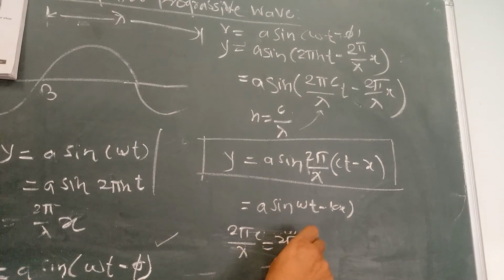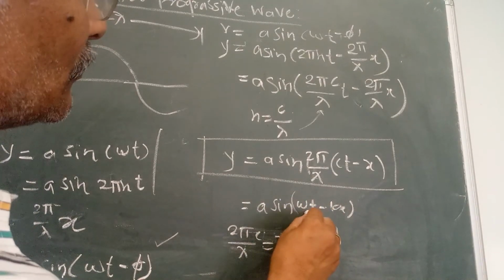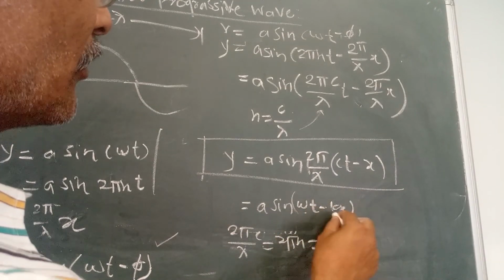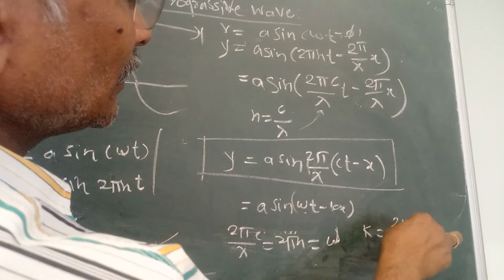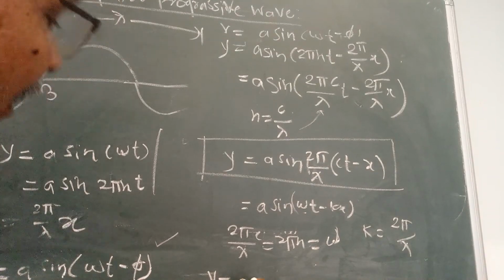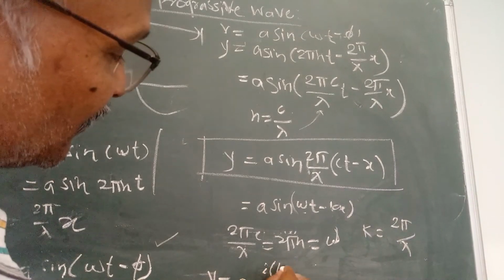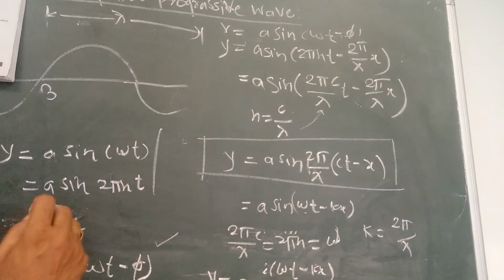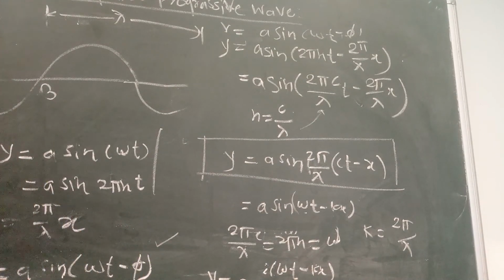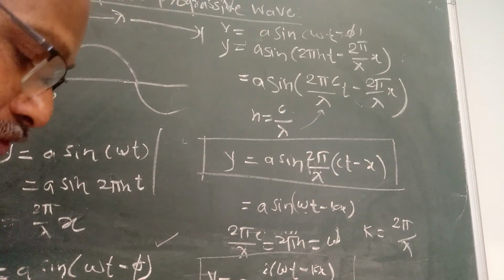And k is the propagation constant, given by 2 pi upon lambda, and x as it is. More correctly, the general solution in exponential form is a e raised to minus i into omega t minus kx. This is the equation of the displacement of a wave in the positive x direction.